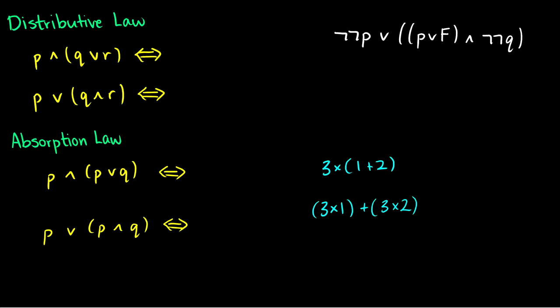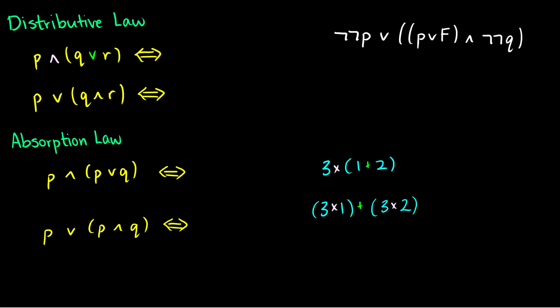Now the distributive law looks very similar. If I have P and (Q or R), let me just color code this. So let's color code the multiplication as purple, and let's color code the addition as green. So when I take a look at the distributive law here, I am going to do the same thing.